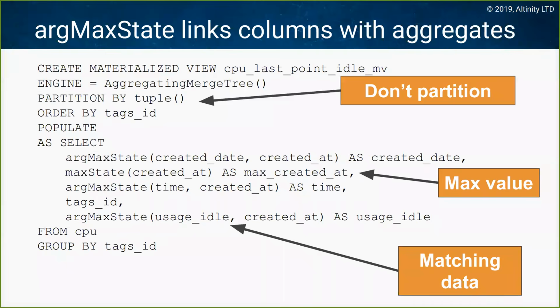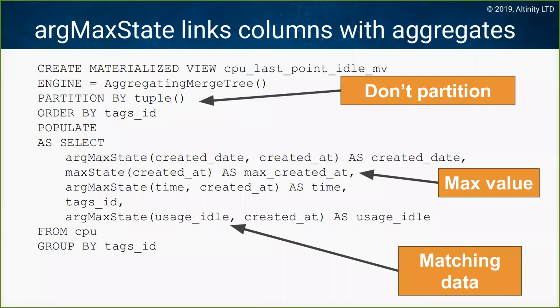The value we're most interested in is what the idle usage on the CPU was at that time. So this finds the latest time measurement, and then selects the matching values off that row for created date, time, and usage idle.